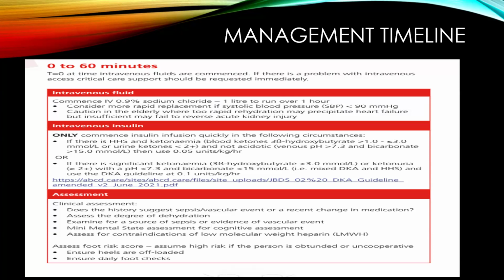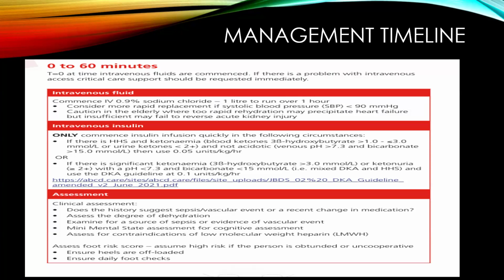If there is significant ketonemia or ketonuria, that is blood ketone levels more than 3 or urine ketone level more than or equal to 2, with pH less than 7.3 and bicarbonate less than 15, then use DKA guidelines of treating, like 0.1 unit per kg per hour.